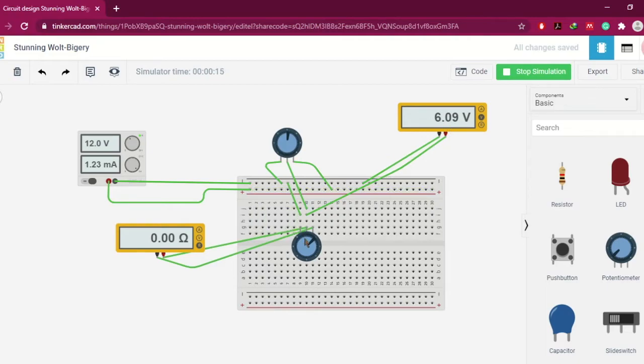Okay, next I need to take 10 readings by adjusting the 100 kilo ohm resistance, and then record the voltage shown.